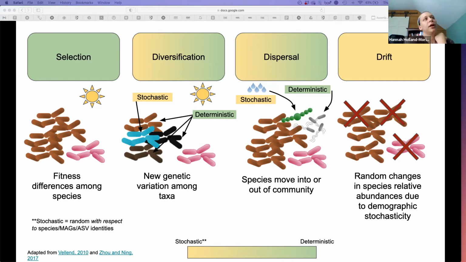And also we can ask how much these traits of interest, say methane oxidation, I'll just use that as an example, is actually tied to the phylogeny that we are using. So if we use a core phylogeny of core genes in these MAGs, do methane oxidation genes track that phylogeny well or not? And if they don't, then we can say that this is probably not telling us much about methane oxidation, but it might be telling us about other traits that are closely linked to the phylogeny we're using, because of course you can use different phylogenies.